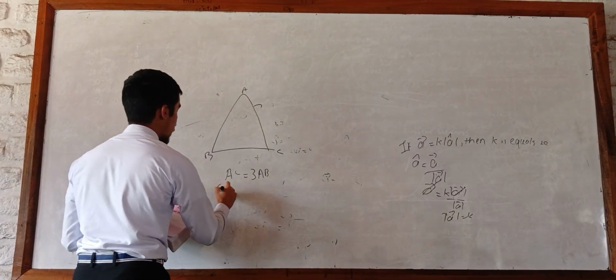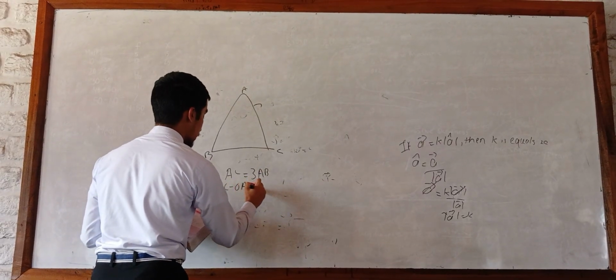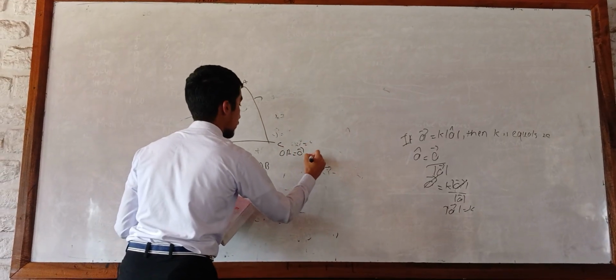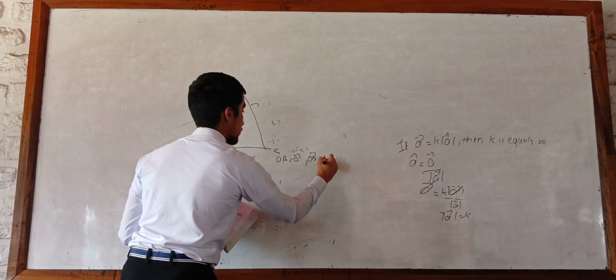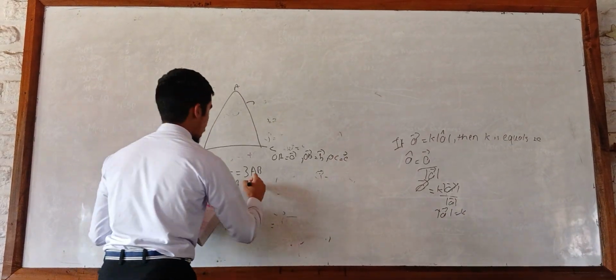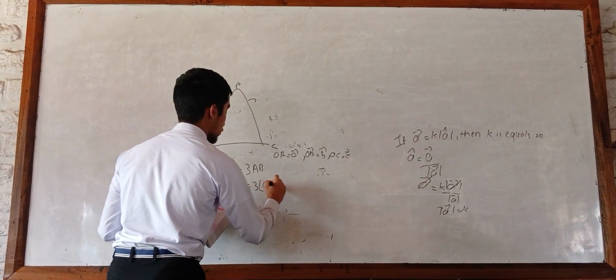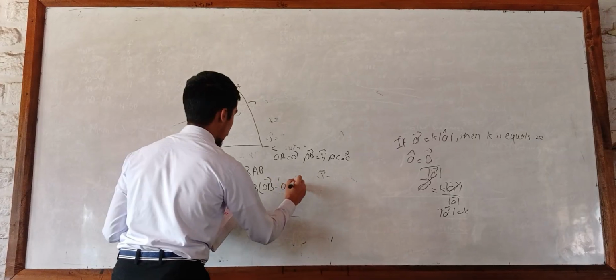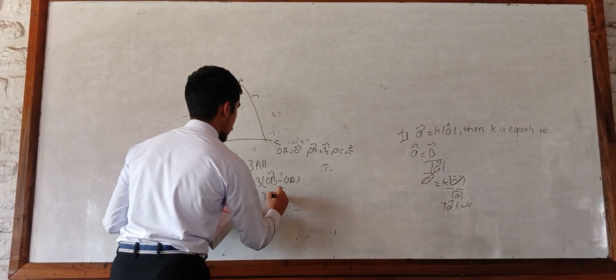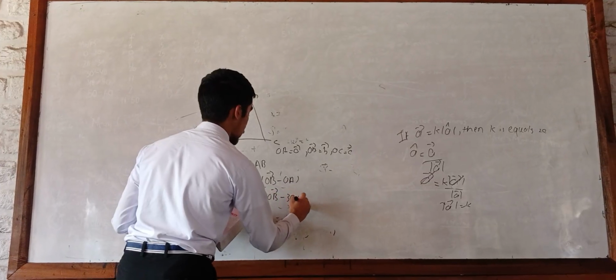You know AC can be written as OC vector minus OA vector, and AB can be written as OB vector minus OA vector. So OC minus OA equals 3 times OB vector minus OA vector.